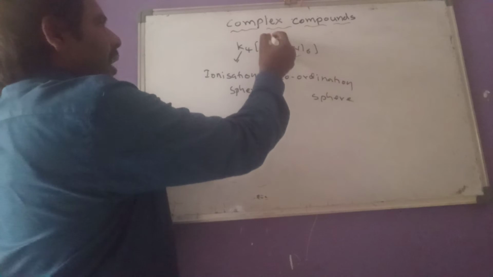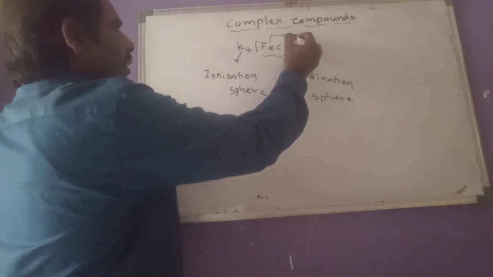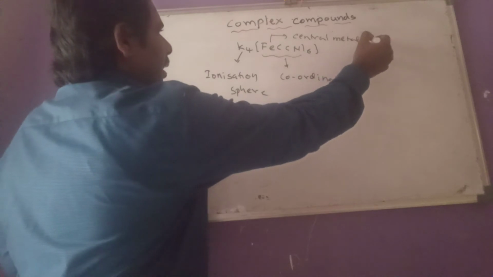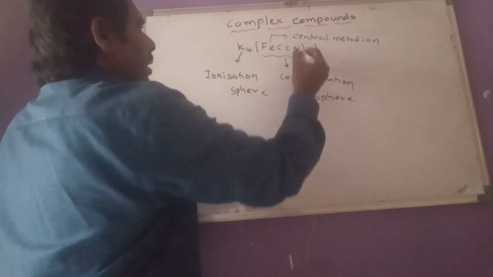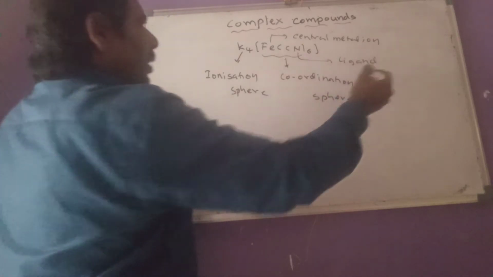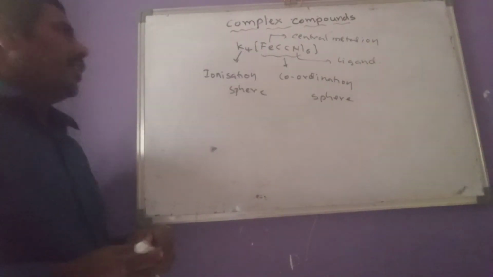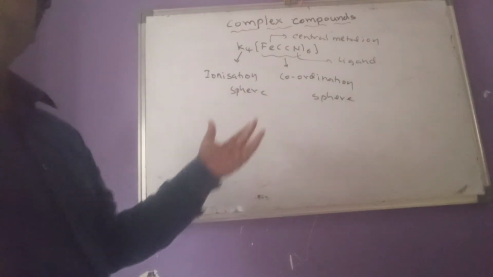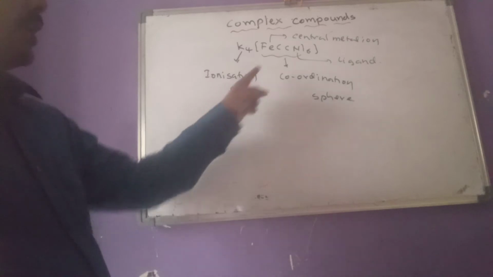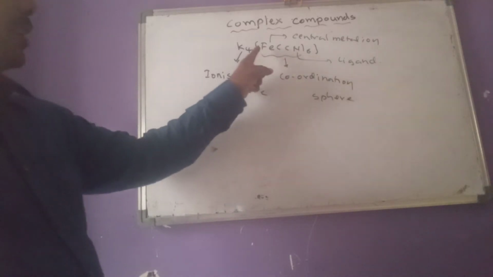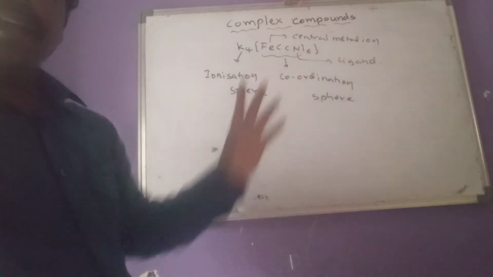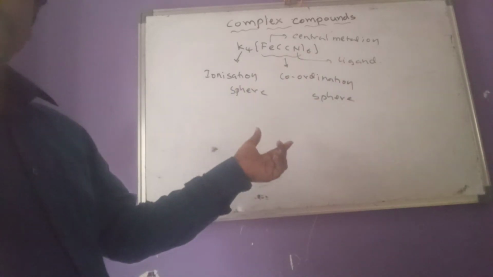And here this iron is said to be the central metal ion. And this cyanide is said to be the ligand. So these are the terms present in a complex compound: ionization sphere, coordination sphere, central metal ion, and here the cyanide is said to be the ligand. So these are the different terms.